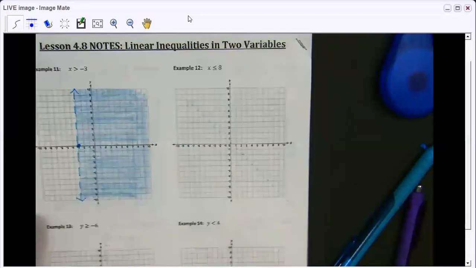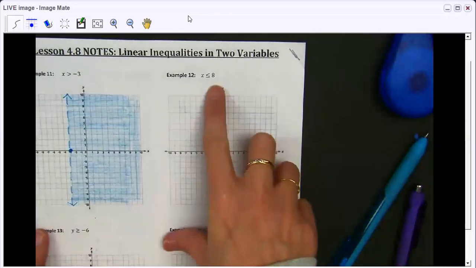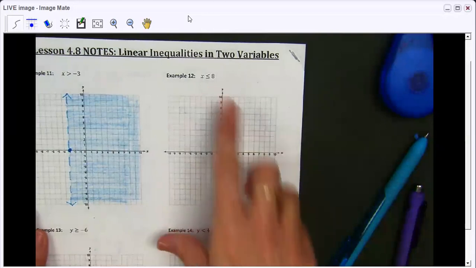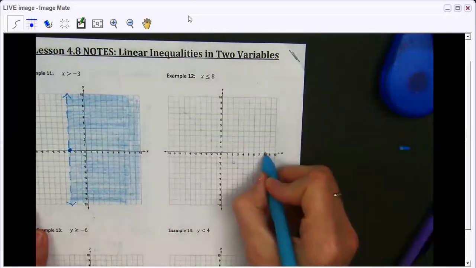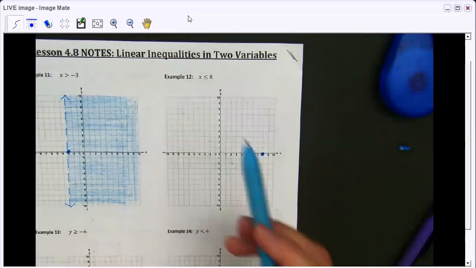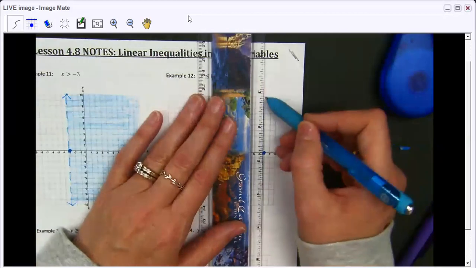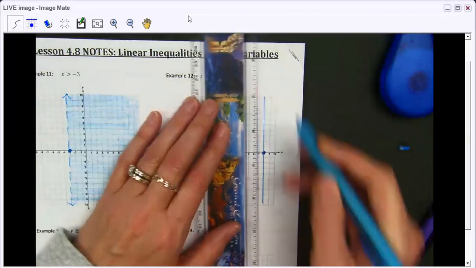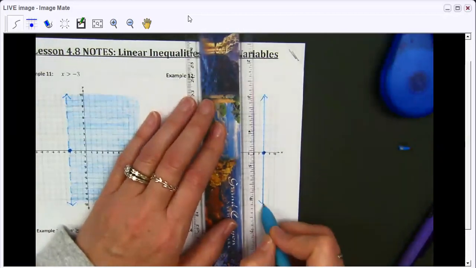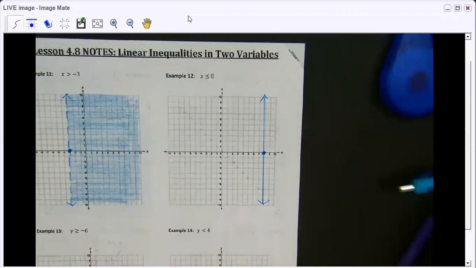All right, so on this one, we're going to do the same thing, but we're going to plot a point at 8 on the x-axis. Because there's an equal sign, we're going to have a solid line. X is less than, so we're going to shade to the left because our numbers are getting smaller.